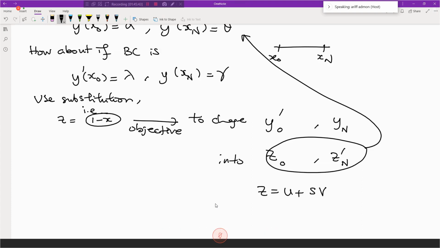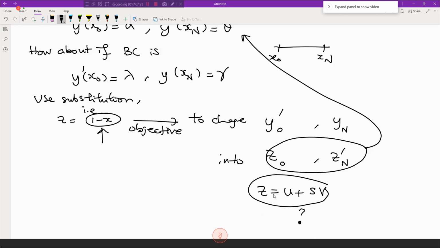Any question? All okay. Oh, maybe this is not correct. Sorry, I'll check this part, whether it is correct or not. Because this Z is actually a change of the independent variable.